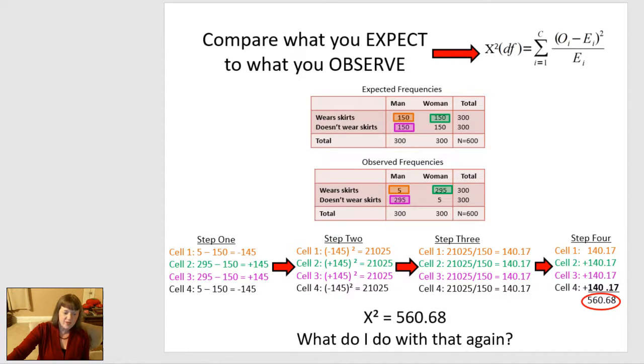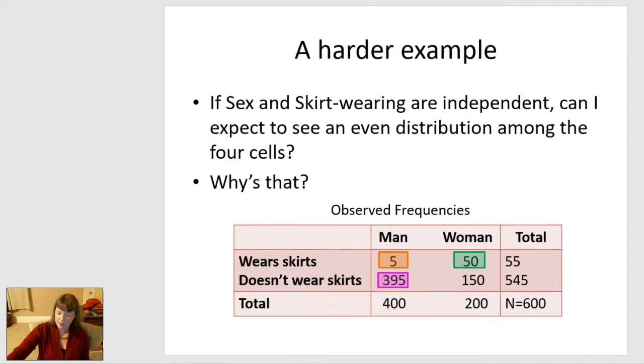But what happens if I have data that looks like this? What if, instead of having an even split of men versus women, I actually have men being much more likely? There are just more men in my sample. Let's say I'm looking among engineers. I go into an engineering class, and I'm looking at the relationship between gender and skirt wearing in an engineering class. And here I have just a whole lot more men than women, 400 men to 200 women.